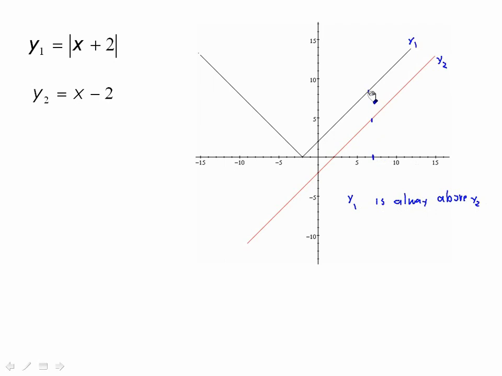So if x is, say, 7, there's nothing you could do about it. So therefore, there is no solution. There's no value of x that will make the absolute value of x plus 2 less than x minus 2. So no value of x will make the absolute value of x plus 2 less than x minus 2.